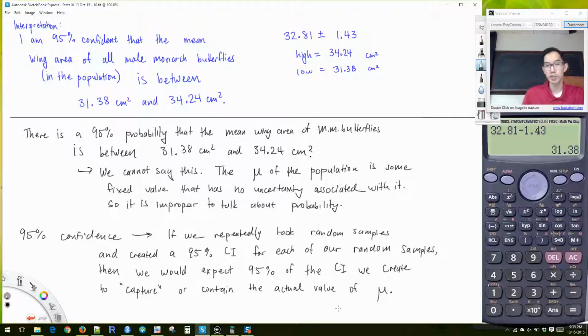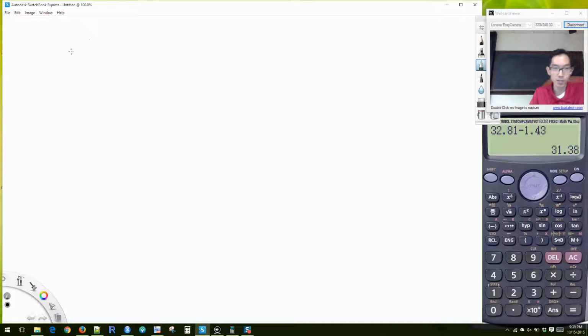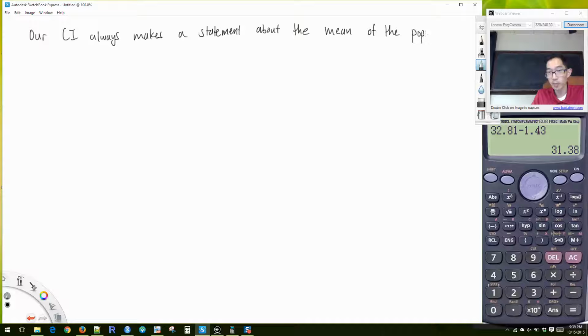We are always making statements about the confidence interval for the mean of the population. So I'll just say this: our confidence interval always makes a statement about the mean of the population.